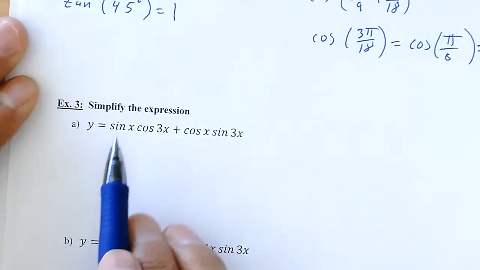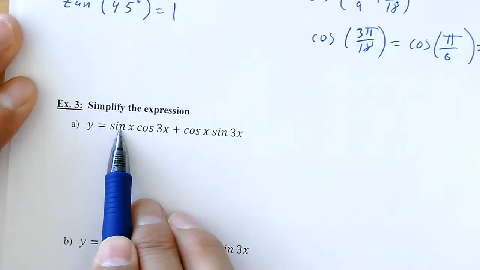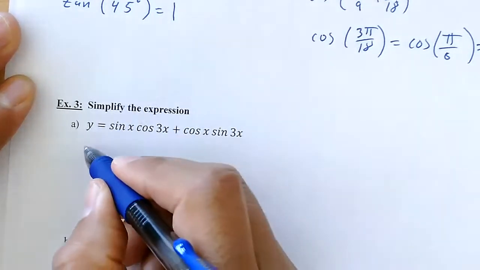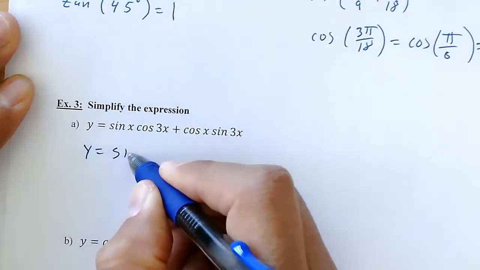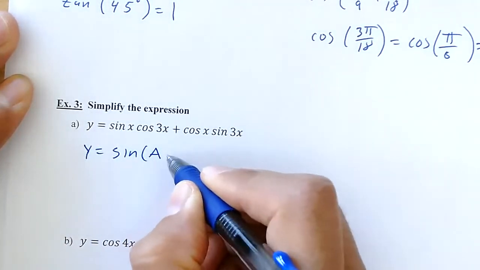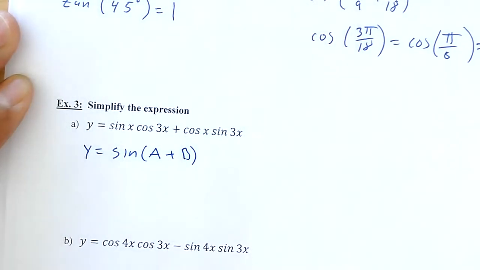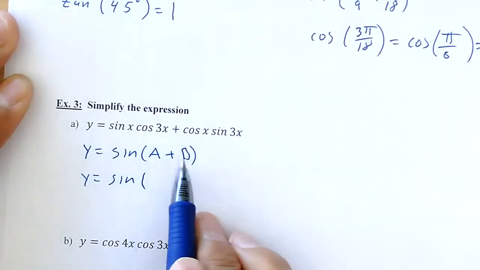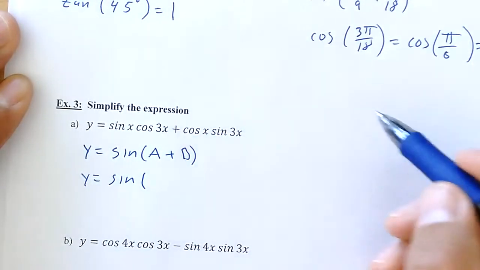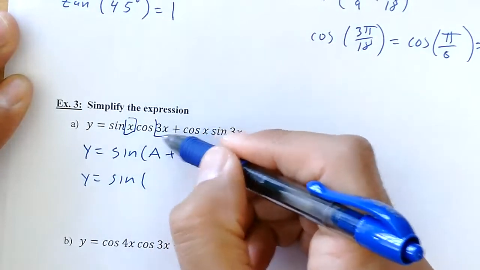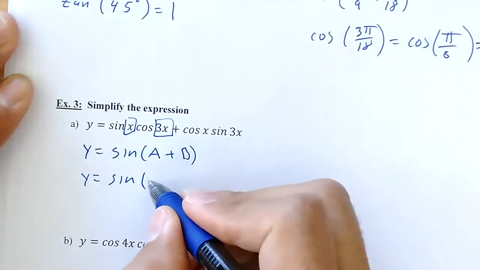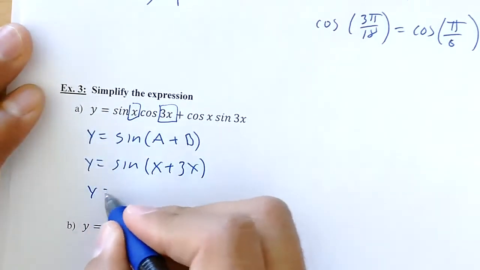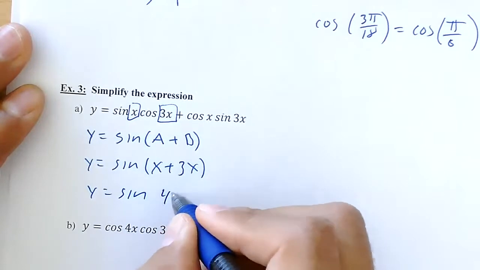Recognizing the formula: sine cosine plus cosine sine. This is the sine of A plus B. So all we're asking you to do is to add the A and the B. Well, the A value and the B value should be the sine of 4x.